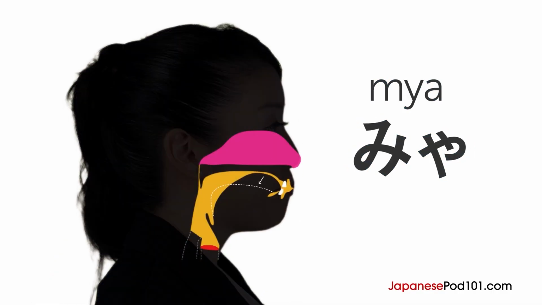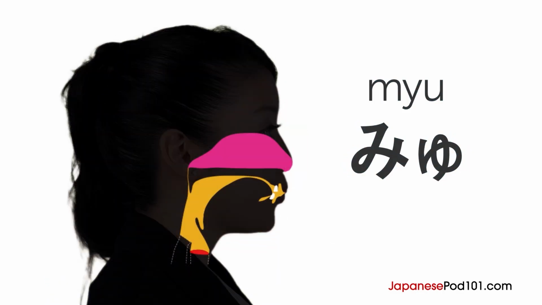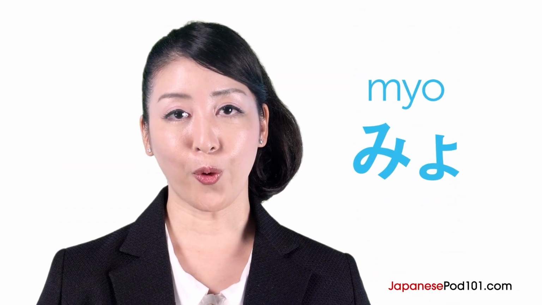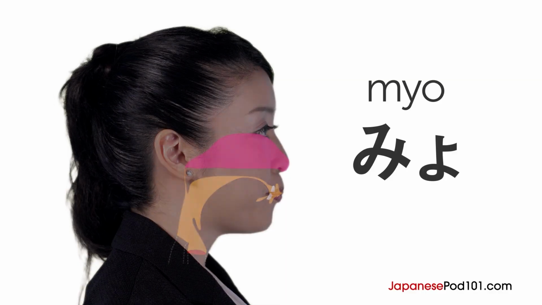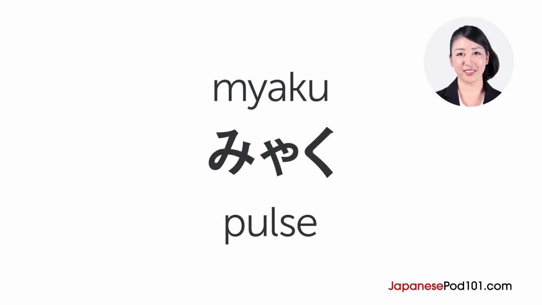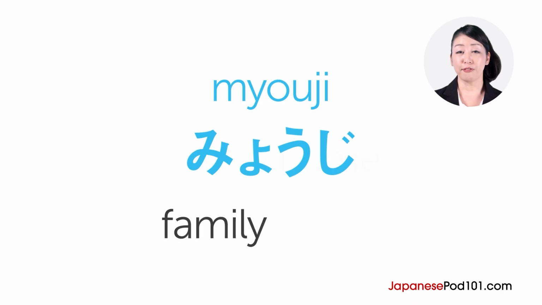みゃ、みゅ、みょ. Let's try some words. 脈, pulse. ミュージック, music. 名字, family name.